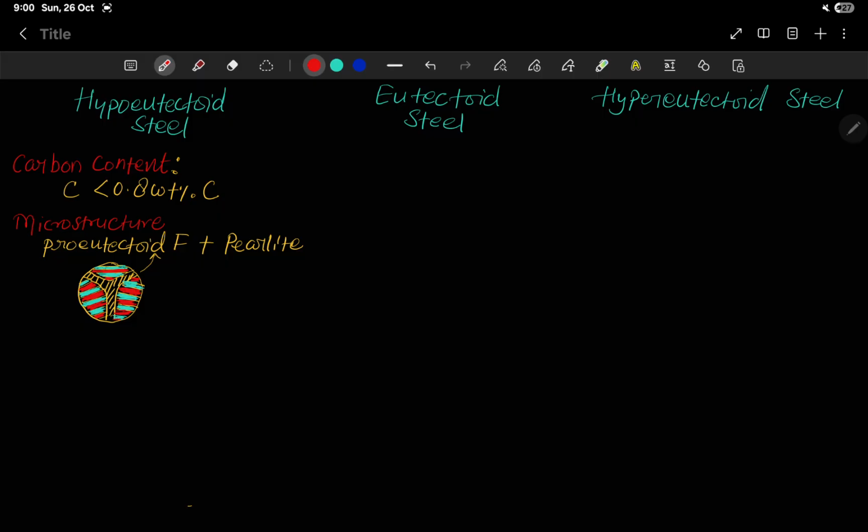So this is pearlite, a combination of alpha ferrite and cementite.